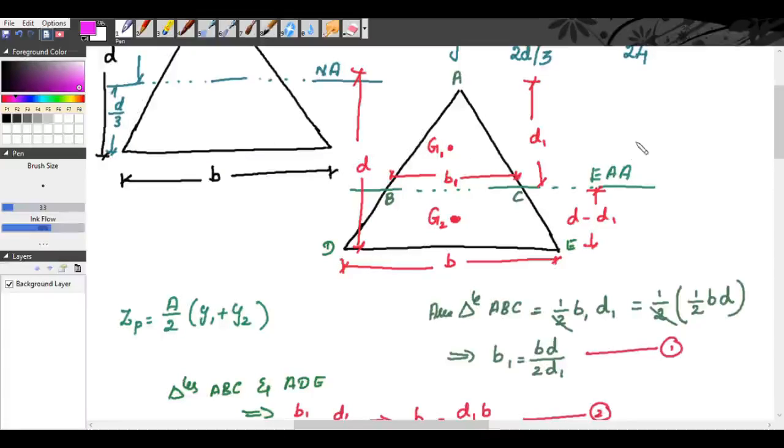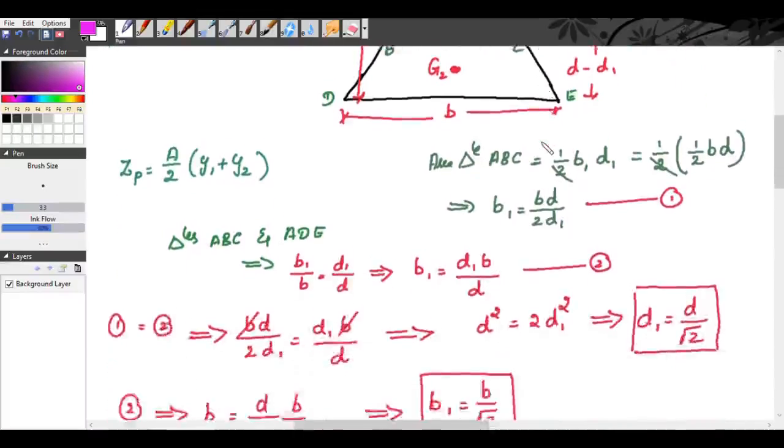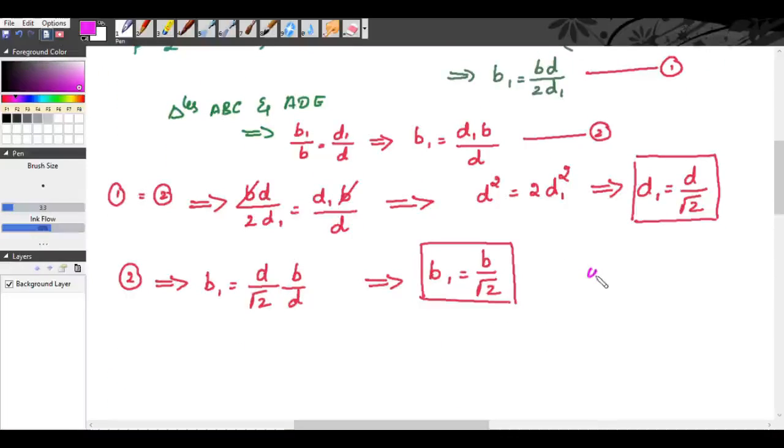This distance is Y1, right? So what is Y1? Y1 is D1 by 3. So we will write Y1 is equal to D1 by 3. So what is D1? D by root 2 into 3. So what we get is Y1 is equal to D by 3 root 2.